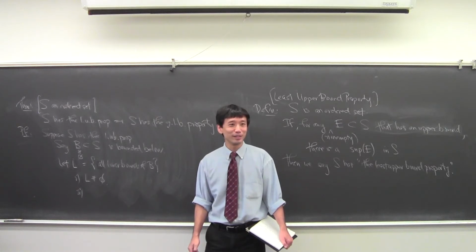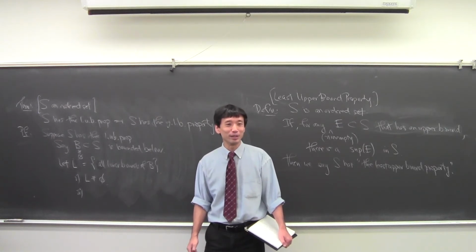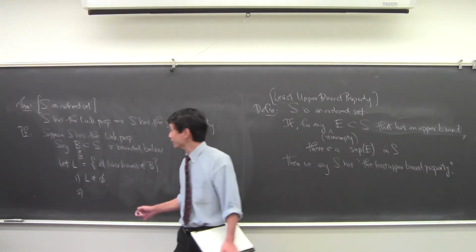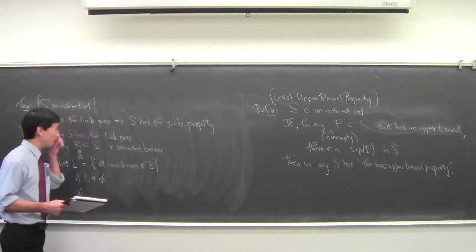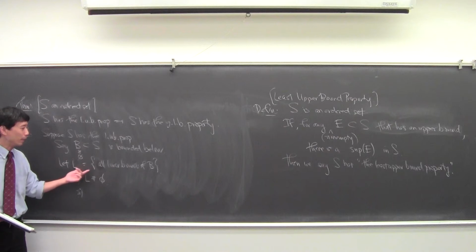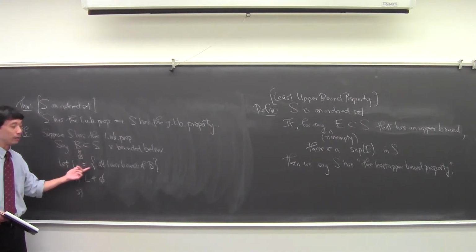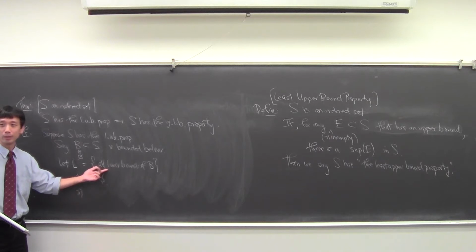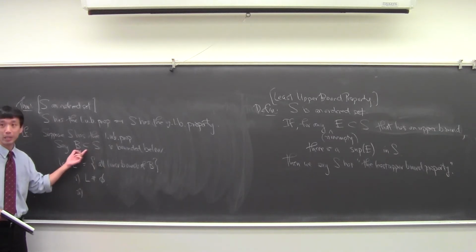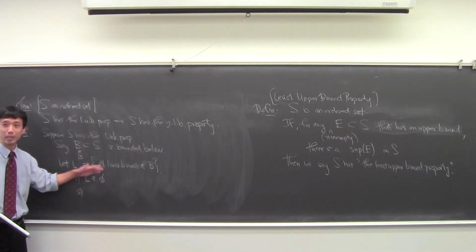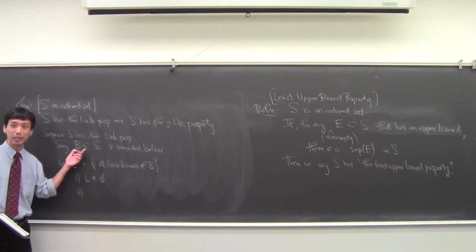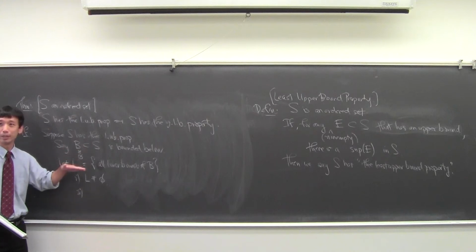B is bounded below, so then L is bounded above by B? Yeah, basically, right? The phrasing is a little bit off. L is all the lower bounds of B, so just choose anybody in B. That will be an upper bound for everybody in L, because they're all lower bounds of B, so anybody in B is bigger than them.